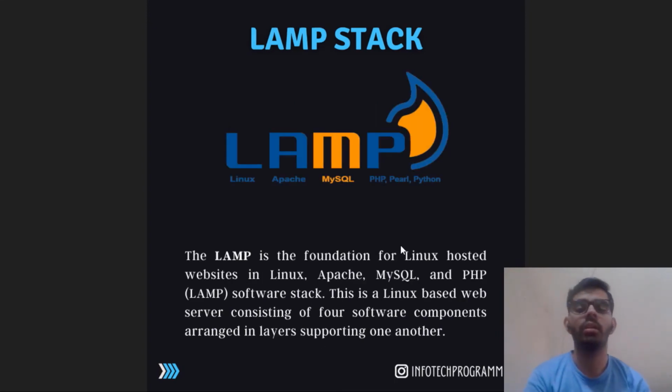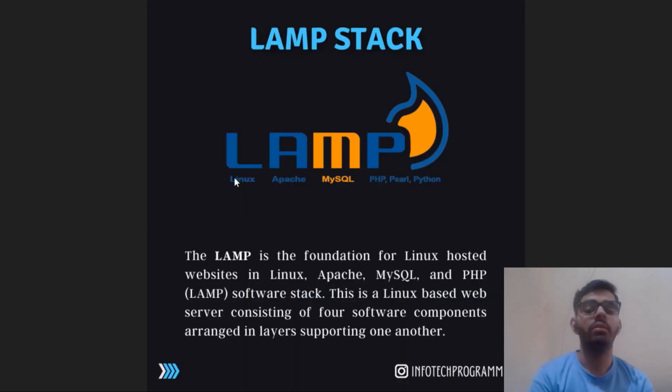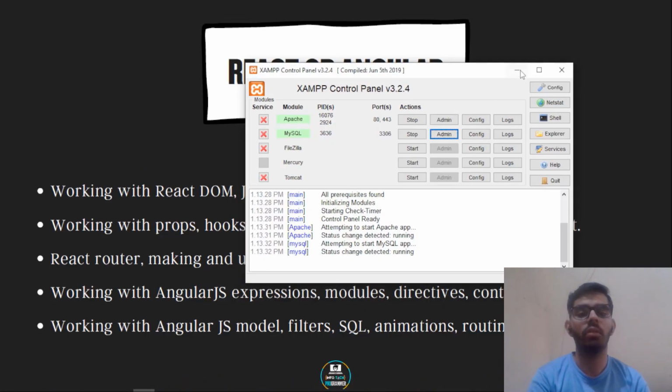Then we have the LAMP stack. What is the LAMP stack? L stands for Linux, A stands for Apache, M stands for MySQL, P stands for PHP, Python or Perl. So you can follow the LAMP stack. You can use L or you can also use W. W stands for Windows. So you can also work on Windows, Apache, MySQL, PHP, Perl or Python. That you can do with the XAMPP server or LAMP server.